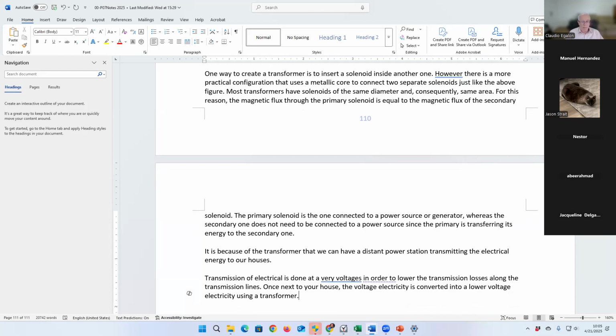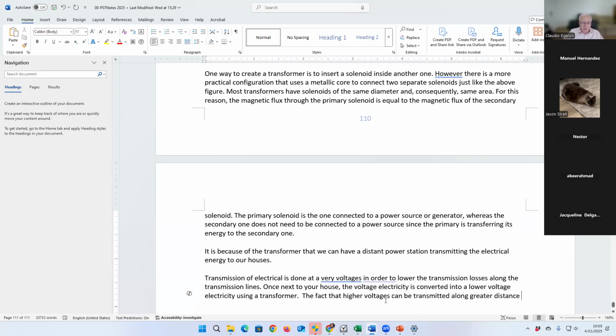Okay, that was the reason that we ended up using alternate current. Okay, transformers. The fact that higher voltages can be transmitted along greater distances.